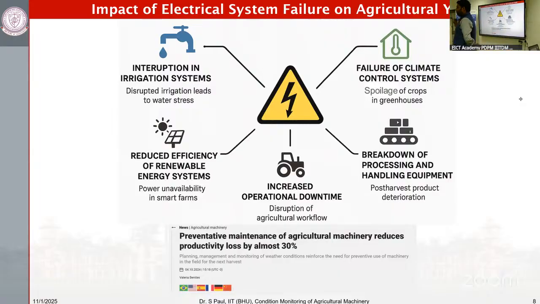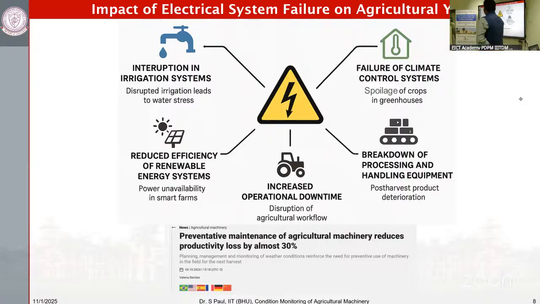and your entire vegetation will be spoiled. Third, if you don't take care of your solar panels properly, if they are dusty, or have mud on them, or are broken, then the efficiency will go down to 5% or 10%. That means the purpose it was installed for is not served at all.